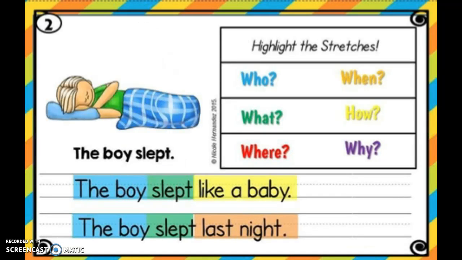Let's look at another example. Card number 2 has a picture of a boy laying down with a pillow and a blanket. The original sentence says, the boy slept. It is already telling us who and what.